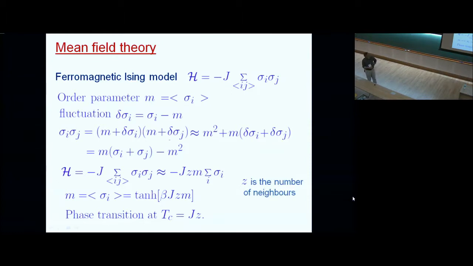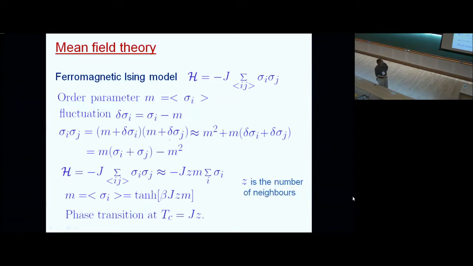So given this, one can do the standard thing of calculating sigma average using this single spin Hamiltonian, and one gets a self-consistency condition for this order parameter m. And here beta is 1 over temperature, J is the coupling constant, Z is the number of nearest neighbors. The spins are sitting on a lattice, so you have some number of nearest neighbors.